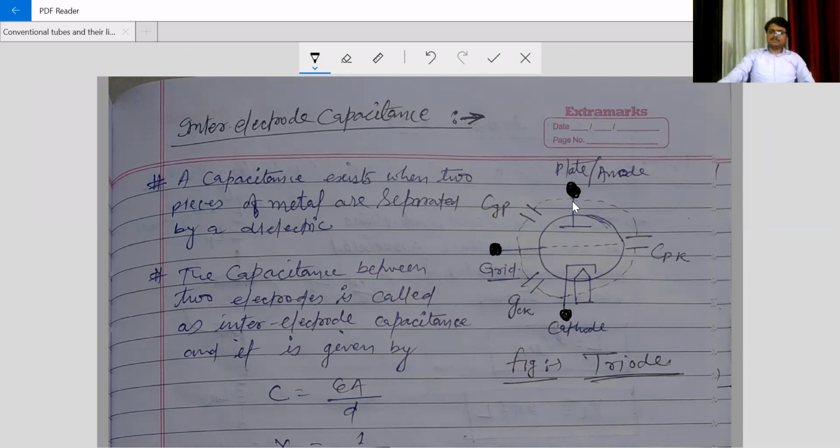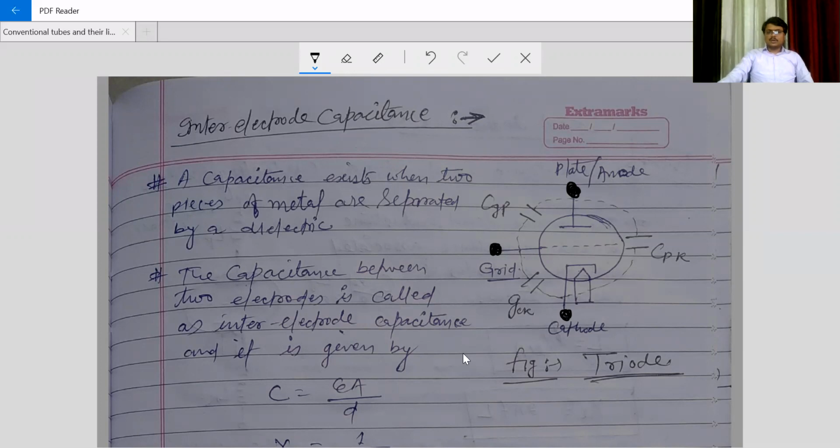So there may be capacitance between the grid and plate, known as CGP. There may be capacitance between the grid and cathode, known as CGK. And the capacitance between anode and cathode, or plate and cathode, is known as CP.